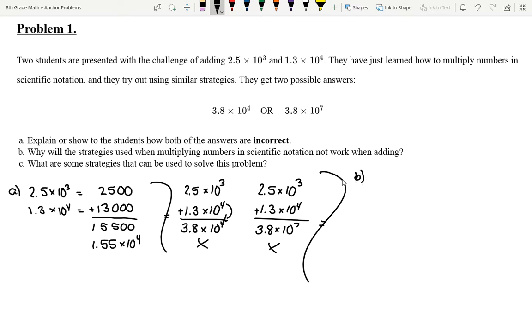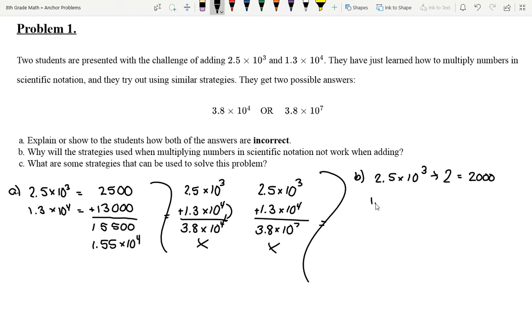In B, what I'd like to show you here is that when examining this 2.5 times 10 to the third, as we wrote this in standard notation, that 2 is actually representing the number 2,000. That's a 2 in the thousands place when it's times 10 to the third.